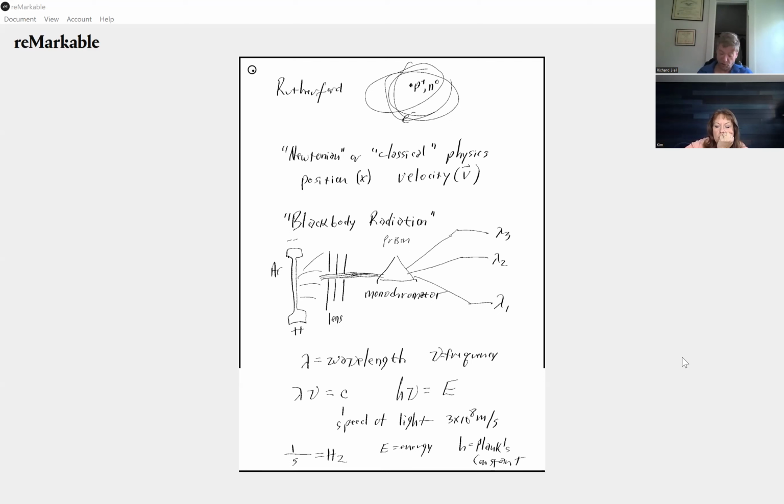If you take these two equations and combine them, what this is telling us is that each one of these colors is a very specific energy. This is something that cannot happen according to Newtonian physics.